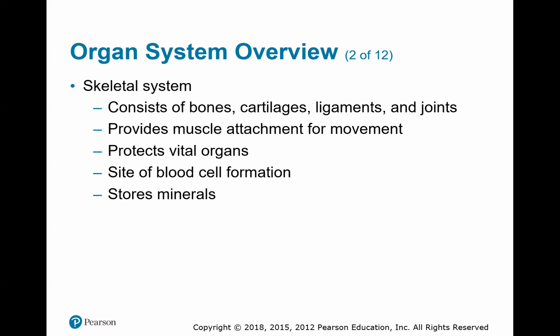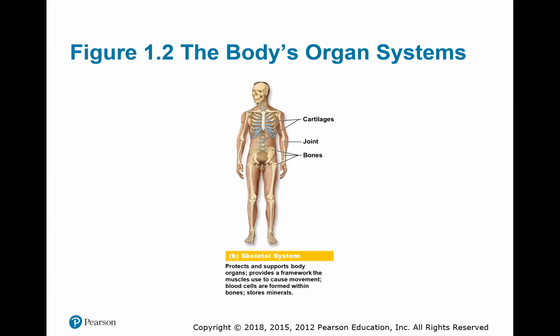But it also helps with storage of minerals such as calcium and phosphate and other very important components that we will need and will actually be stealing and bringing back, if you will, another homeostatic balance throughout our lifetime. So that is the skeletal system. And here we can see the very important components, the cartilage, the joints, the bones, and you can see down at the bottom the function.